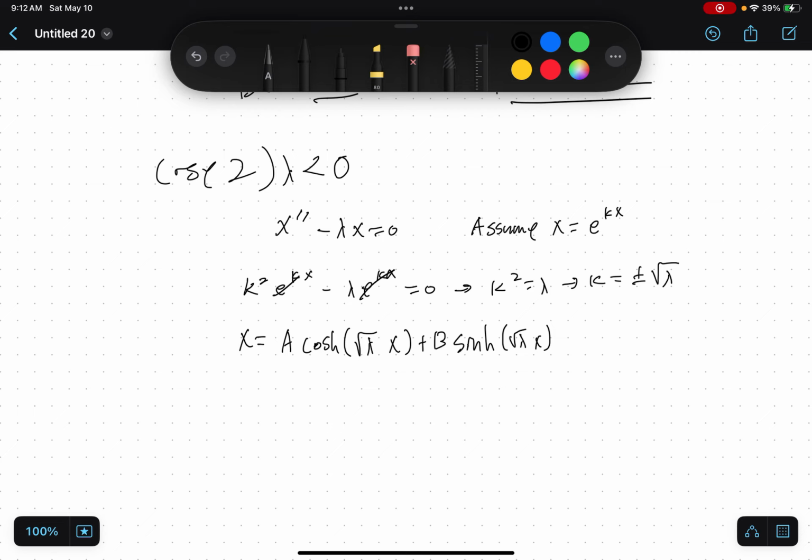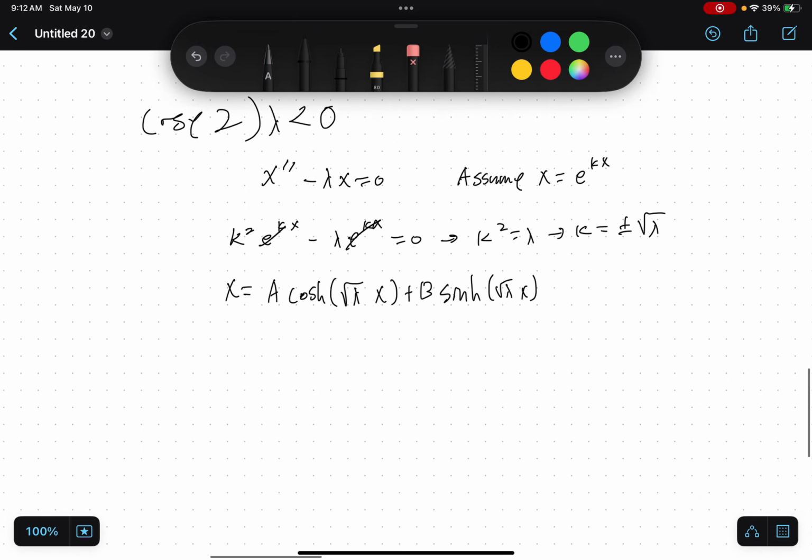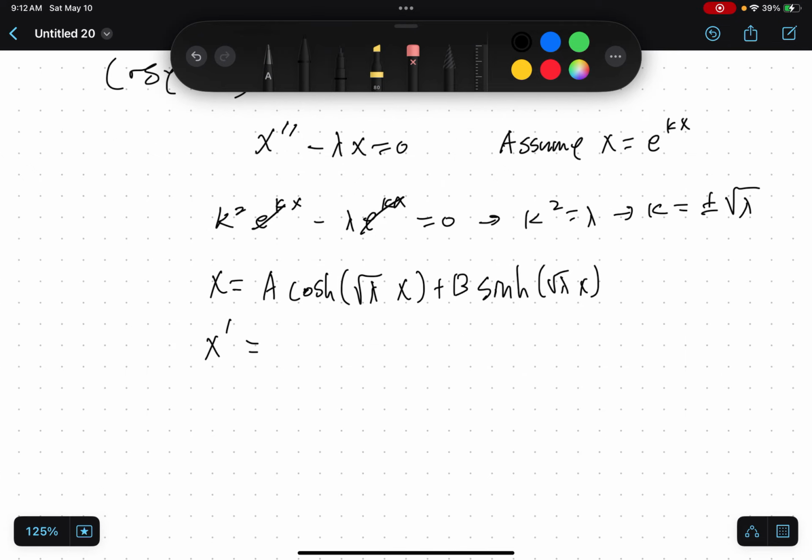Now, for one of the boundary conditions, we need to take the derivative. So let's just do that. X prime equals a root lambda times hyperbolic sine of root lambda x.